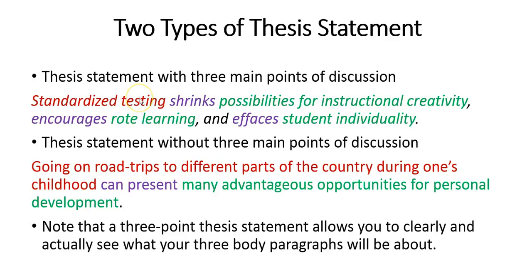And the third body paragraph will talk about how standardized testing can efface student individuality. It's going to argue for this position, and it's going to provide supporting details to persuade the reader that standardized testing does have this effect in that it effaces student individuality.